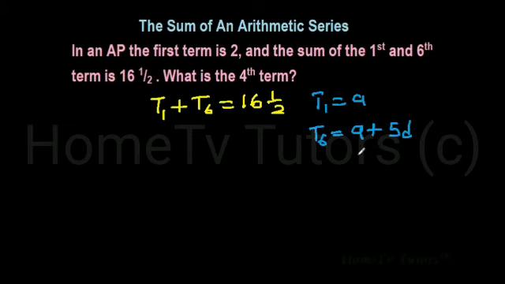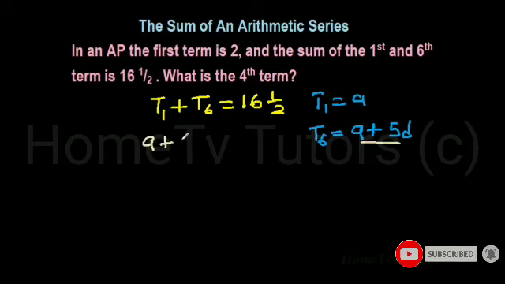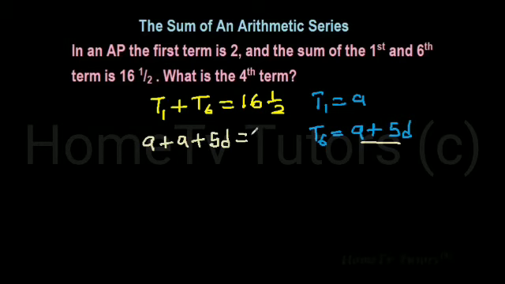So this is the sixth term. What this means, we could translate as A plus 5d equals 16 1 over 2.